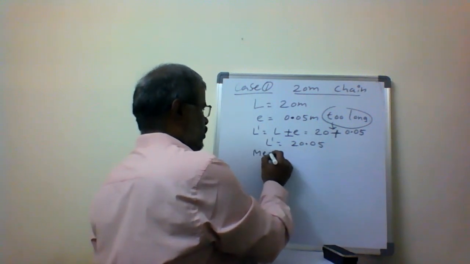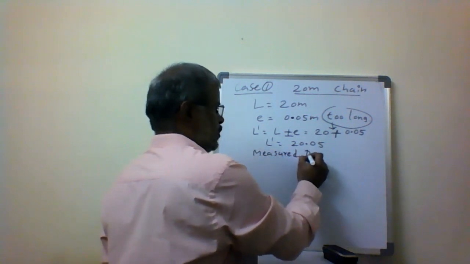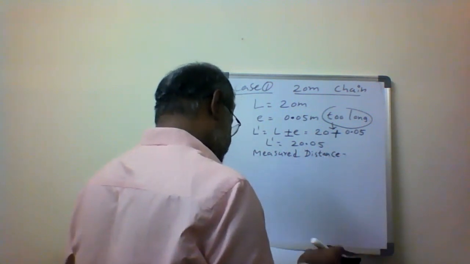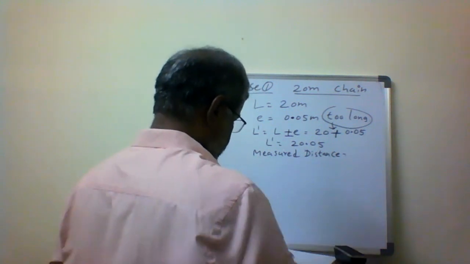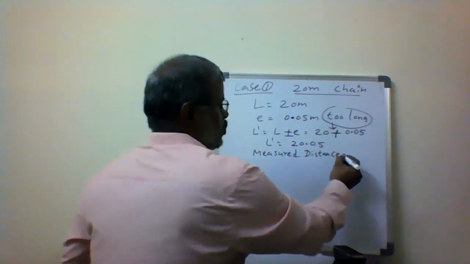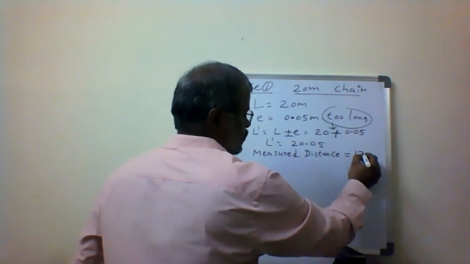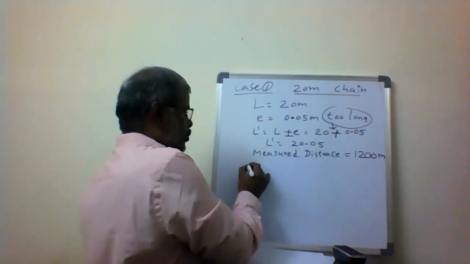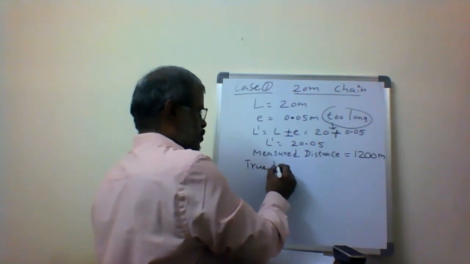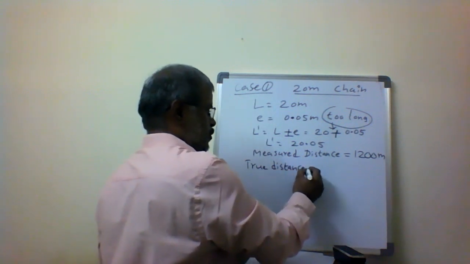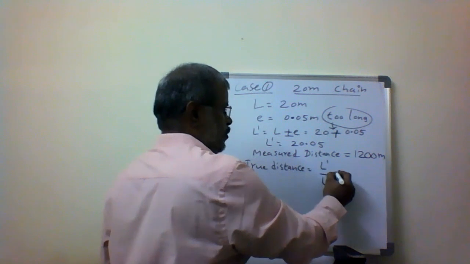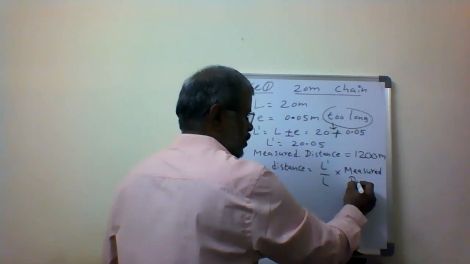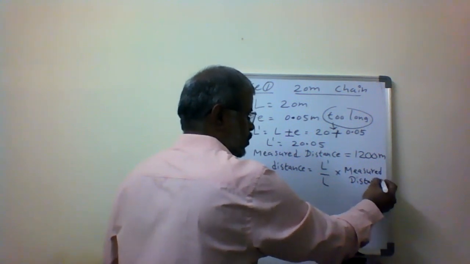And what is the measured length? The measured distance is given in the problem, 1,200 meters. So then the true distance is L dash by L into measured distance.